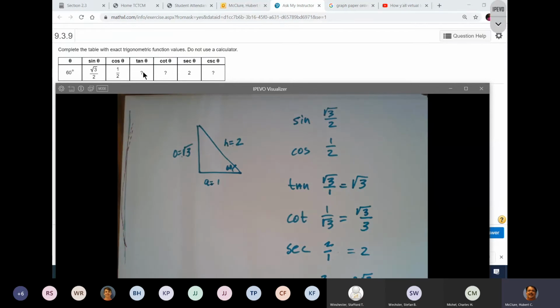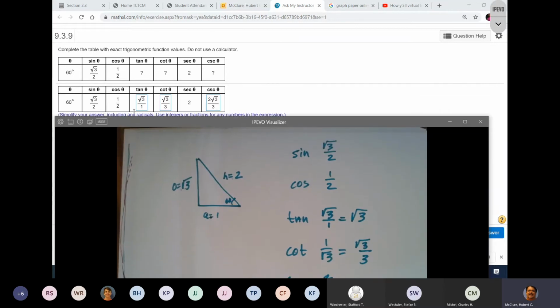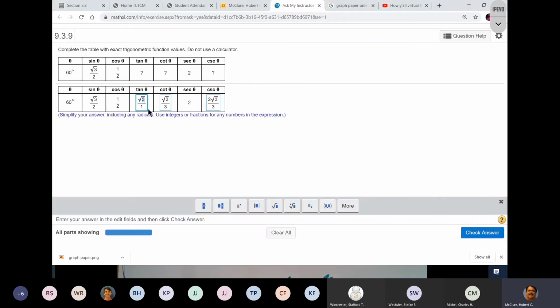So tan, the tan is equal to, well, you got the tan right, square root of 3/1. They might not like that 1, but that's correct. The cotan is square root of 3/3, that's correct. 2 and 2 square root of 3/3.